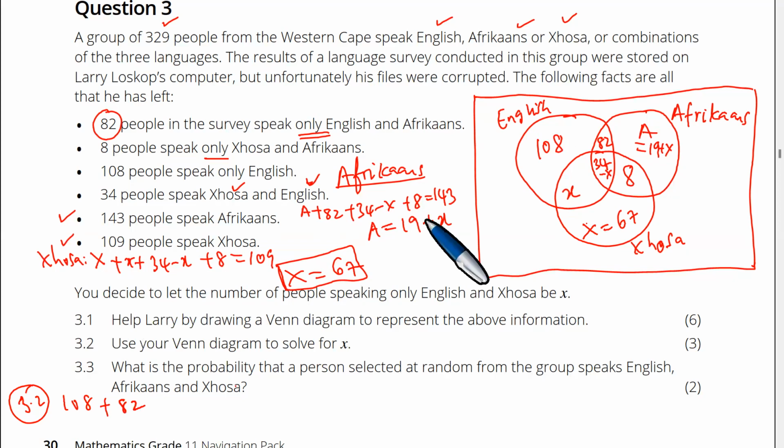So we've added this 82, plus 34 minus X, plus X, plus 8, plus 19 plus X, plus 67. We've added everything right now.